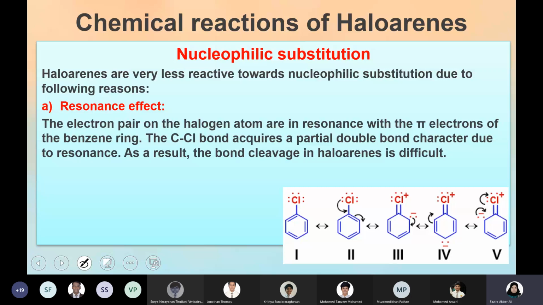What do you mean by a resonance effect? Taisir, what is resonance? Ma'am, I'm not sure.